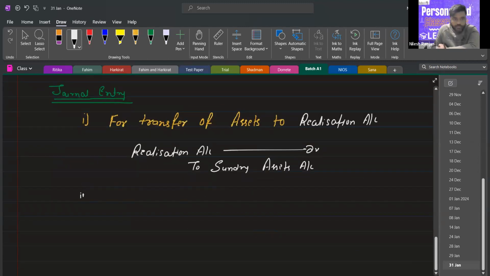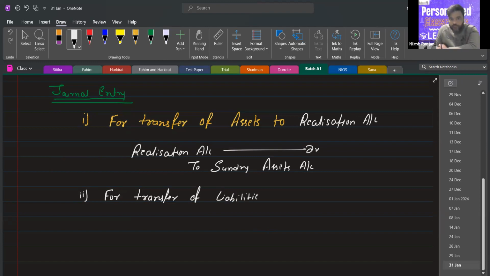Second, for transfer of liabilities to realization account. So we are transferring now the liabilities. So it will be sundry liabilities account debit to realization account.